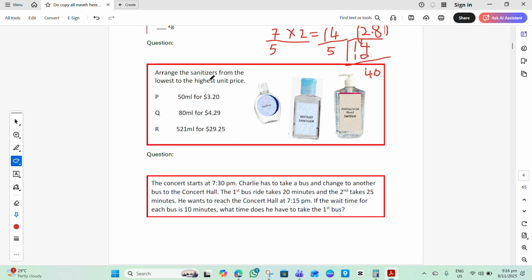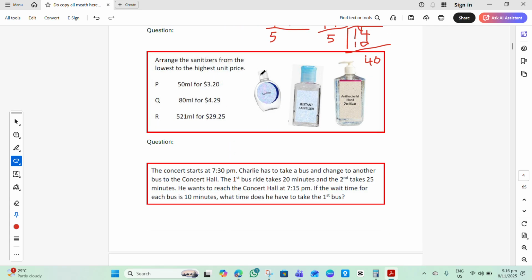Okay, this question: who understands this question? Anybody can explain this question? Yeah, please. What should we do? What is the question asking? The question asks for lowest to highest unit price. There are three chemical hand sanitizers or something like that.